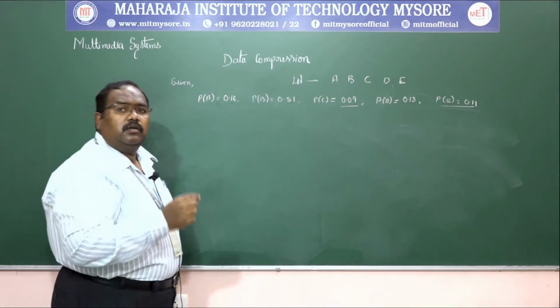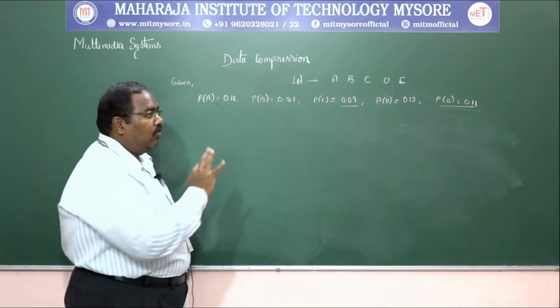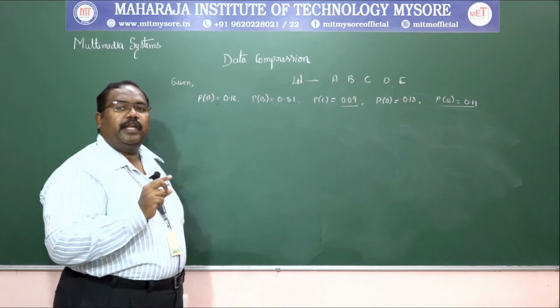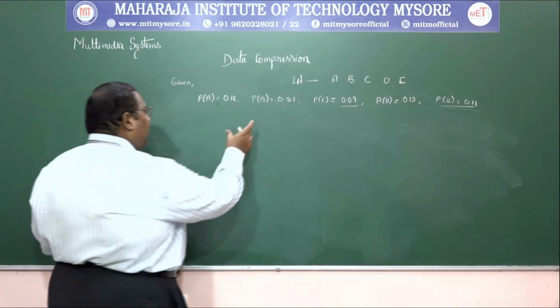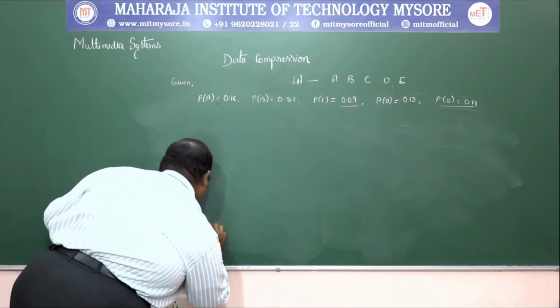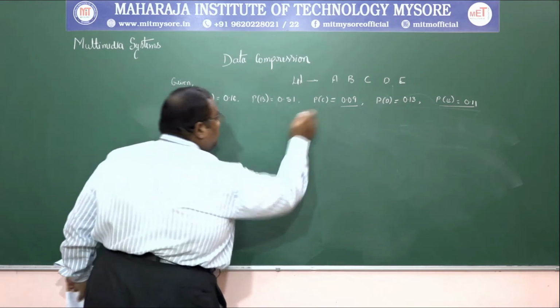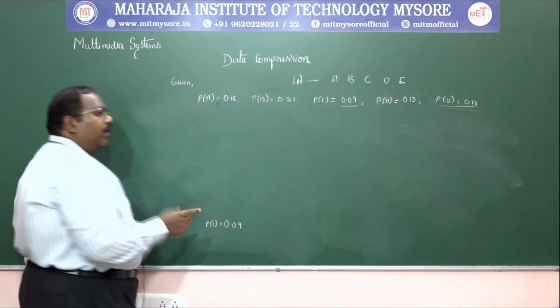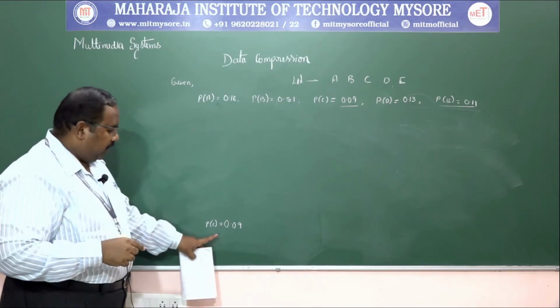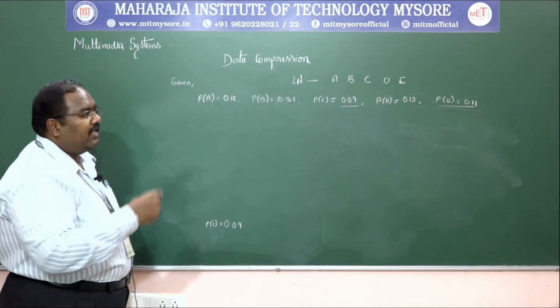Okay. Now let us look into the algorithm. Step 2. We have found two values. We need to combine them. So how do we combine them? We will write it with a diagram here itself. Probability of C is equal to 0.09. You might be asking, sir, why are you writing probability of C on the left side and probability of E on the right side?